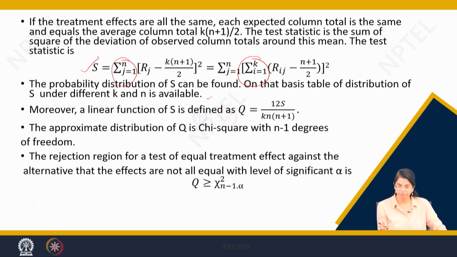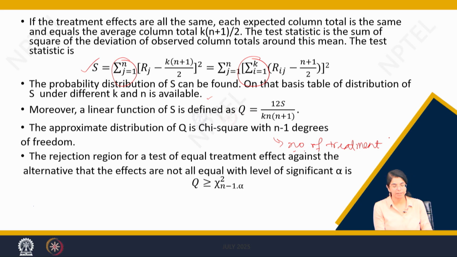Clear? So the approximate distribution of Q is chi-square with n minus 1 degrees of freedom. Once again, a quick reminder, what is your n? n is your number of treatments. Clear? So you can see that it is almost similar to the Kruskal-Wallis test, the one-way ANOVA part.